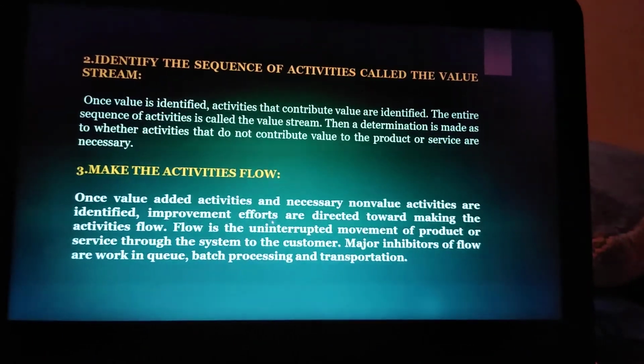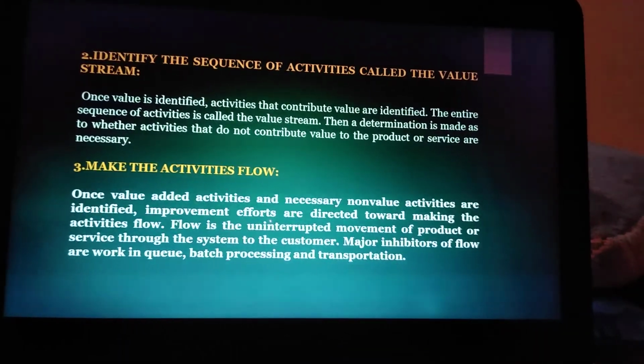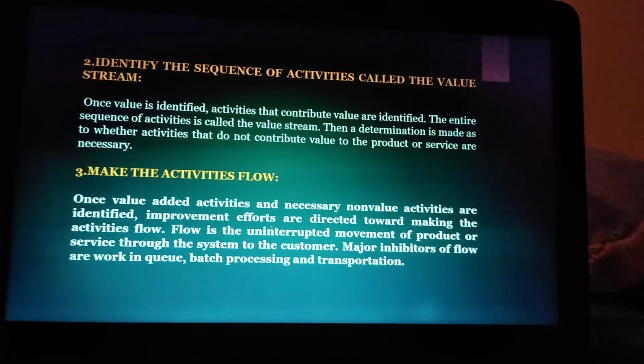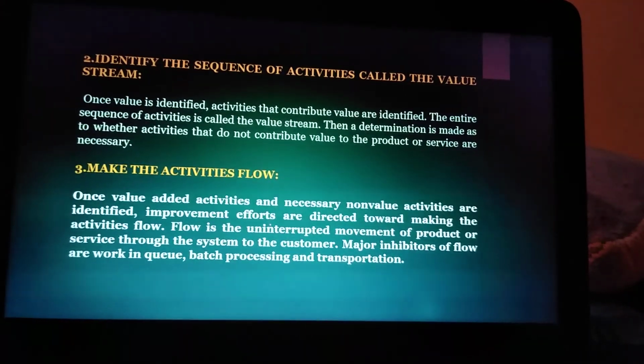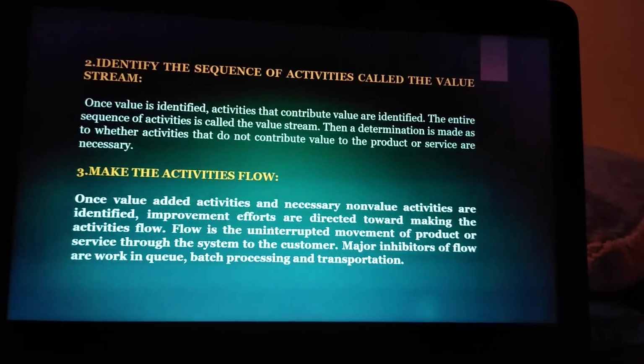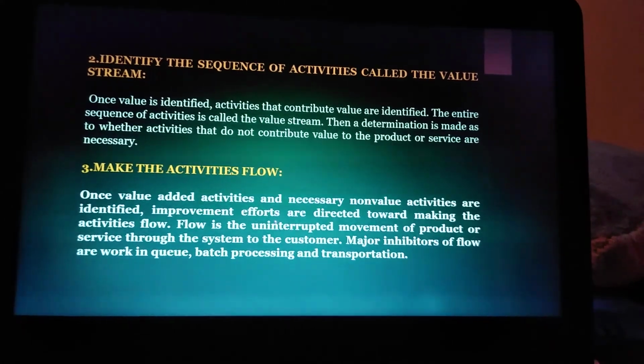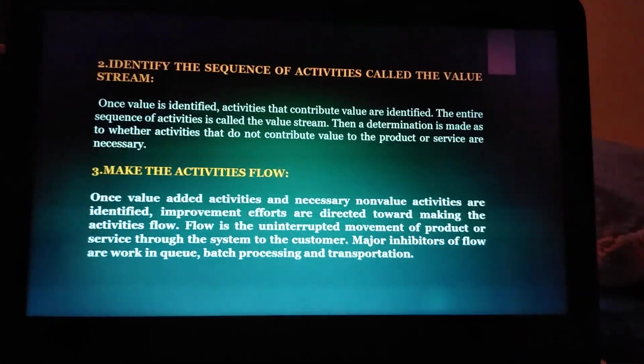Identify the sequence of activity, called the value stream. Once value is identified, activities that contribute value are identified. The entire sequence of activity is called the value stream.